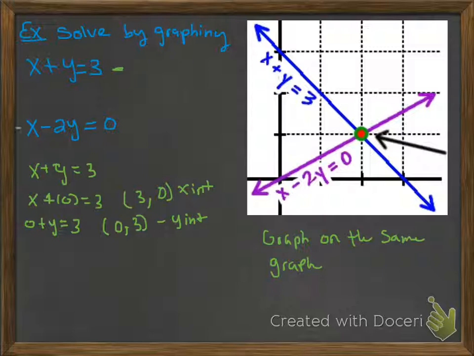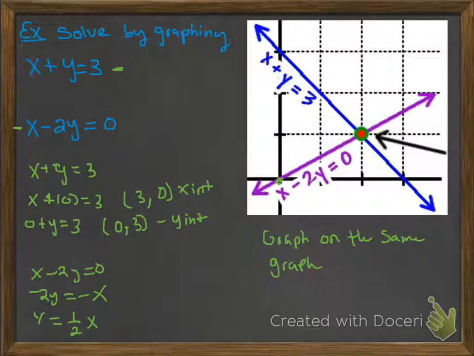For x minus 2y equals 0, I could use my x and y intercepts, but they're both going to be at (0, 0). So the other way to graph that is to put it into y equals mx plus b. Subtract x from both sides: negative 2y equals negative x. Divide by negative 2, and y equals 1/2 x.